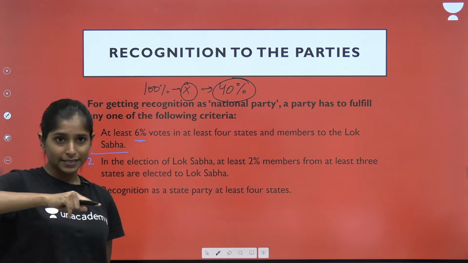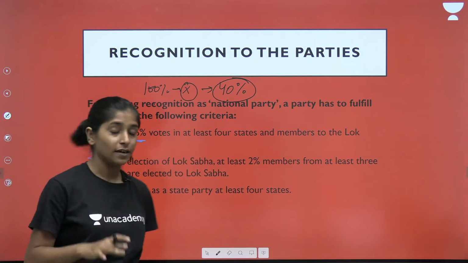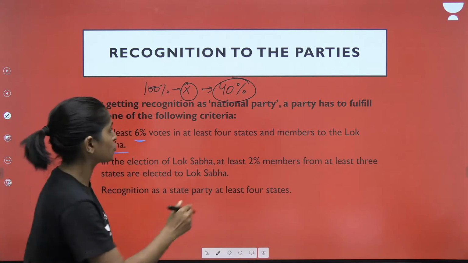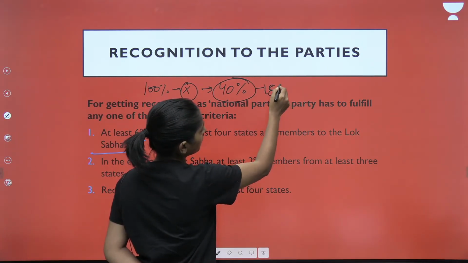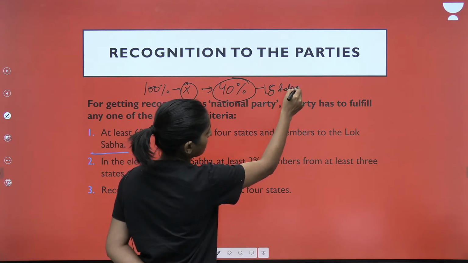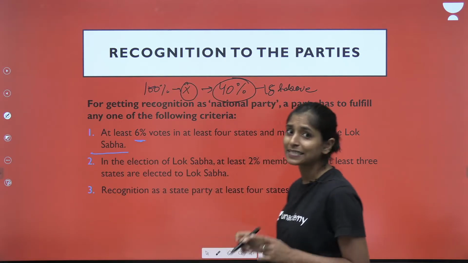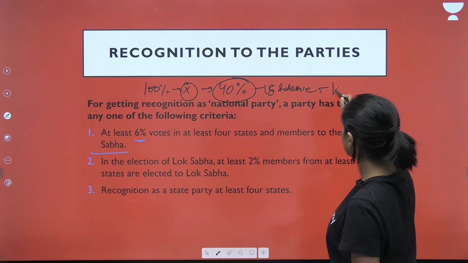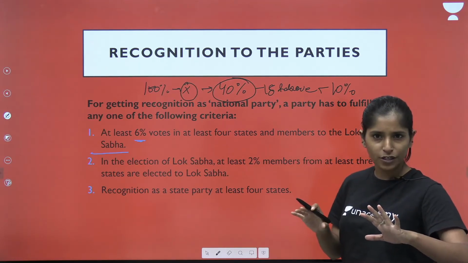सॉरी, लेट्स टेक एन एग्जांपल, 40% लोग ऐसे हैं जो 18 इयर्स की एज से ऊपर हैं, 18 एंड अबव, राइट। अब इन 40% में से only 10% people have actually voted.